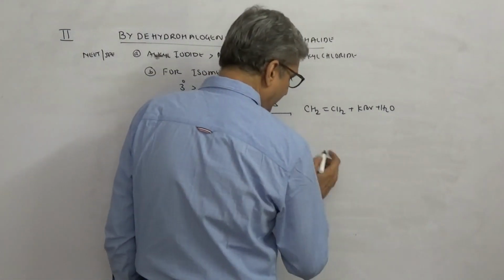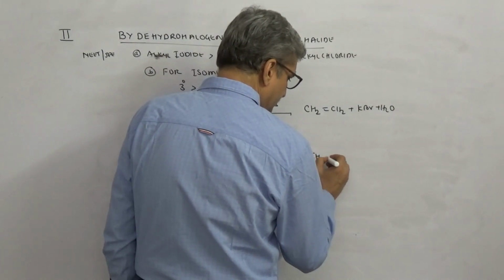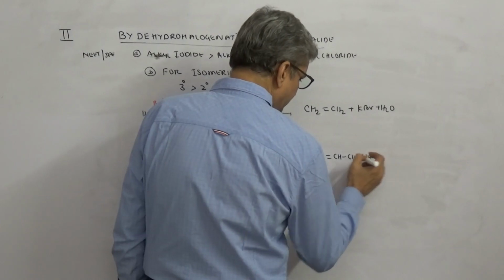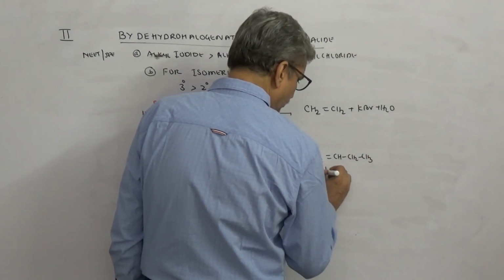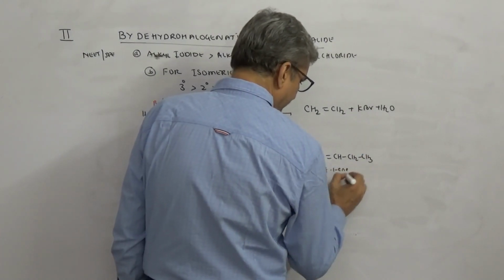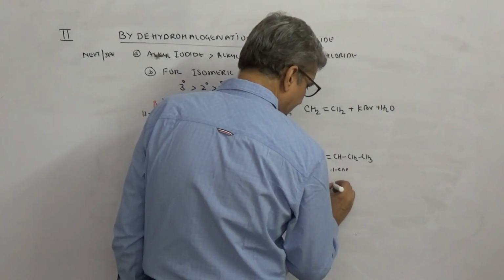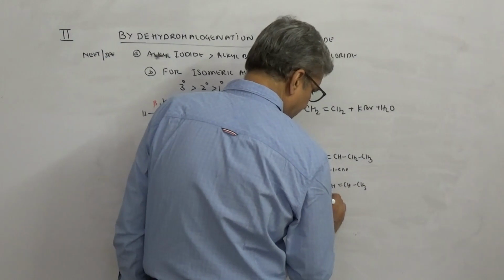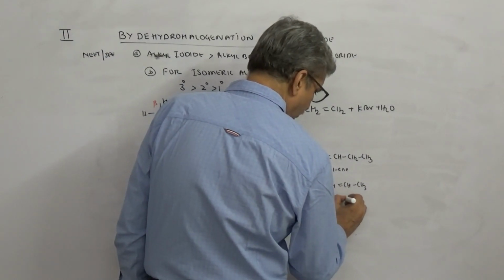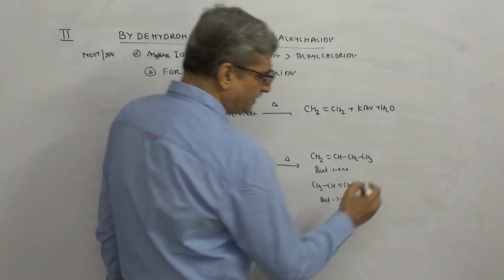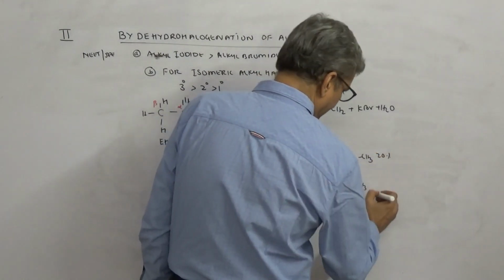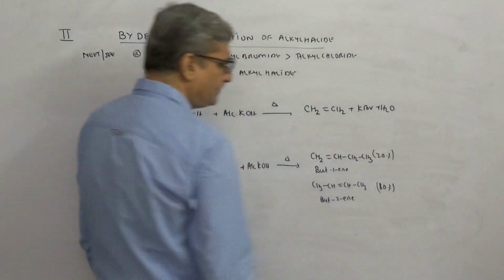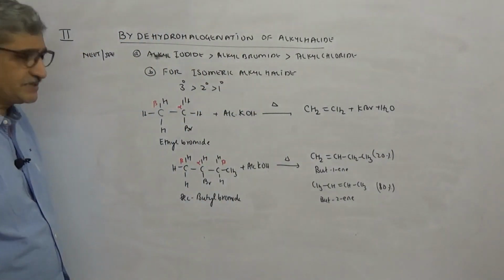So we will have CH2=CH-CH2CH3, this is but-1-ene, and CH3CH=CHCH3, this is but-2-ene. So this will be 20% and this will be 80%. Are you understanding? So this is Saytzeff's rule once again.